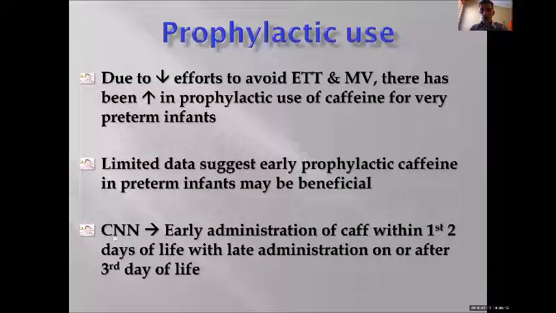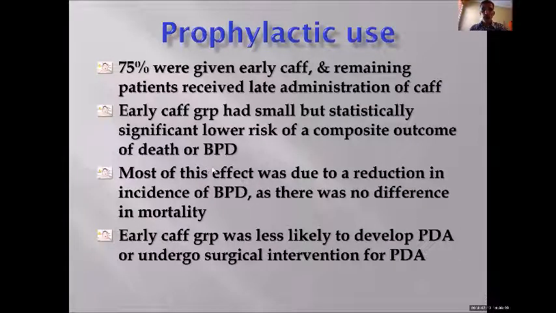The Canadian Neonatal Network studied the difference between early administration of caffeine in the first 2 days of life and late administration after 3 days of life. In this comparison, because it was data entry, 75% of babies were given it early in the first few days of life and 25% late.